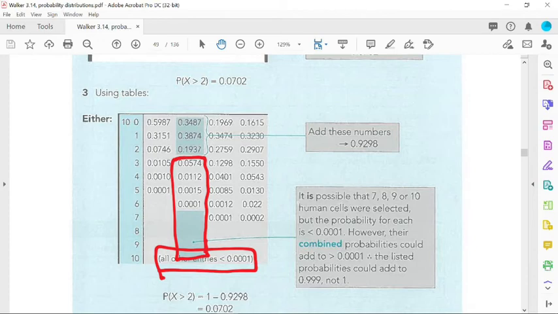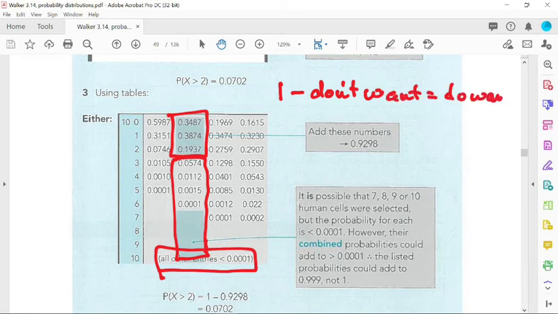So in this case, it's easier to add what I don't want and then subtract it from 1. So 1 minus what I don't want will always equal what you do want. So if you have a lot of numbers to put together, or there's some ambiguous stuff, then find out what you don't want, subtract it from 1, and it'll get every single part of it.